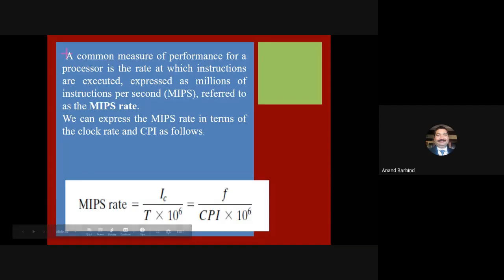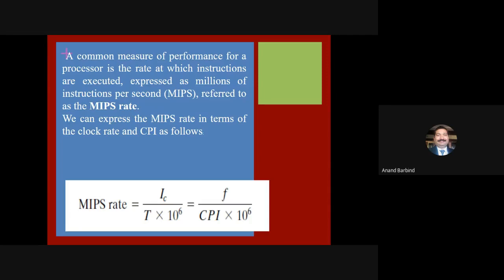Okay. After CPI, we discussed that one of the common performance measures for a processor is the rate at which the instructions are executed, and it is expressed as millions of instructions per second. So commonly it is called MIPS. So it is referred to as the MIPS rate.